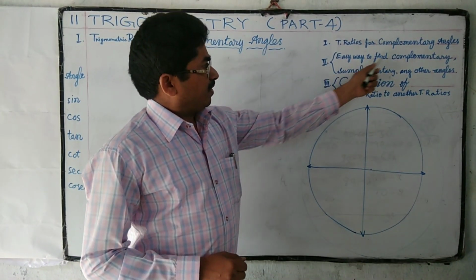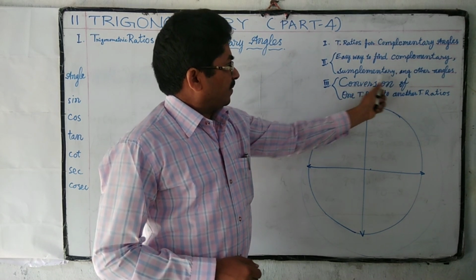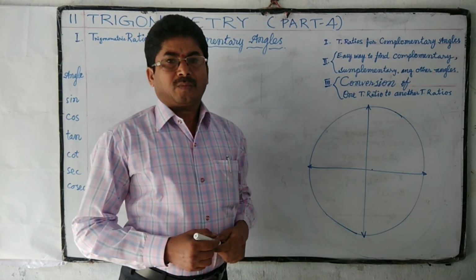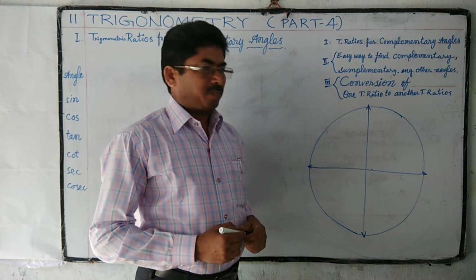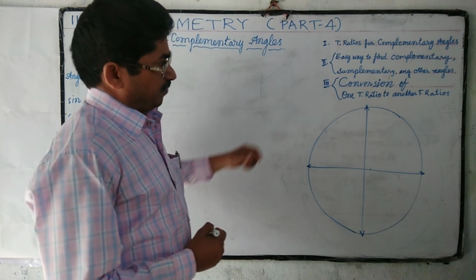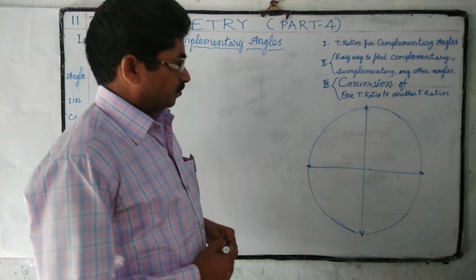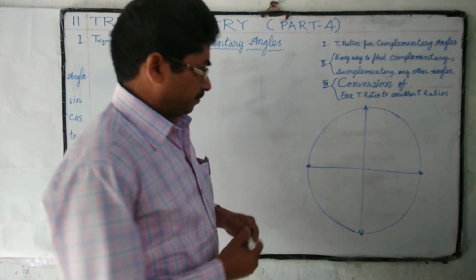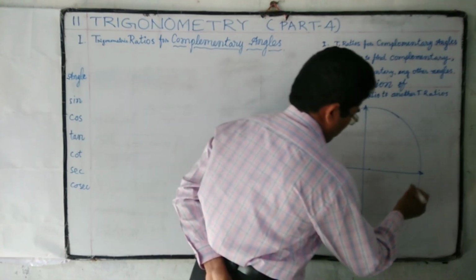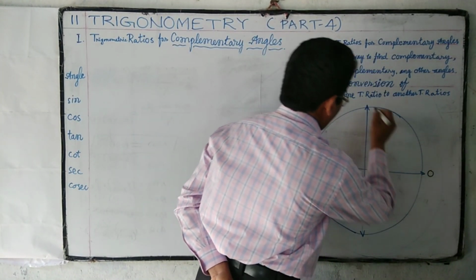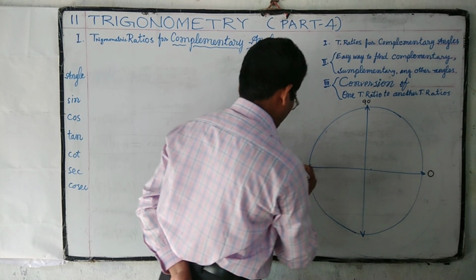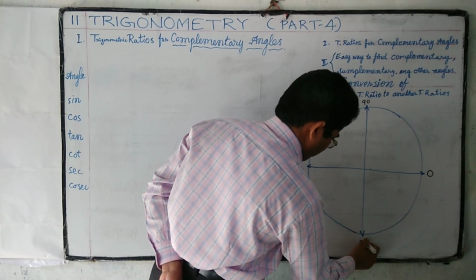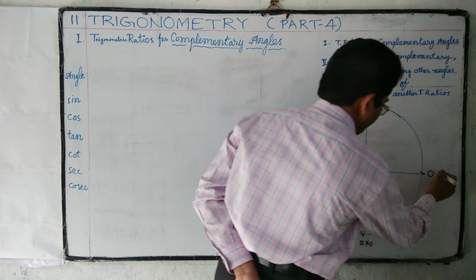Next, an easy way to find complementary, supplementary or any other angles. Here is an easy way. To find those angles, we have to take this coordinate plane: 0, 90, 180, 270, 360.